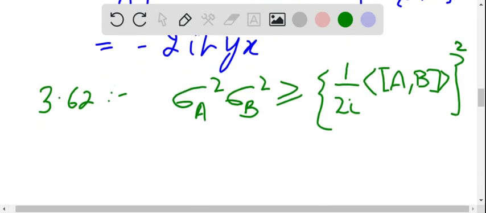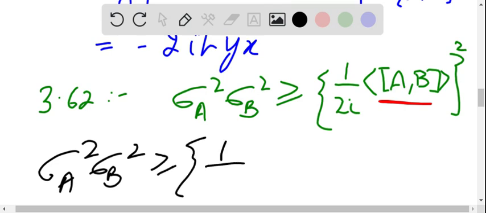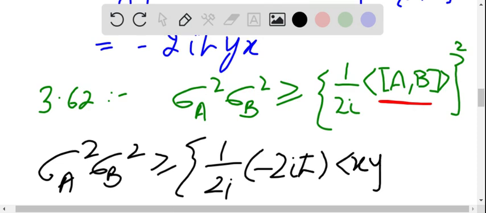So from here, we have the commutator value of AB, and we are going to plug it in so that we get sigma a square sigma sub b square greater than or equal to (1 divided by 2i times negative 2i h cross the expectation value of xy) square.